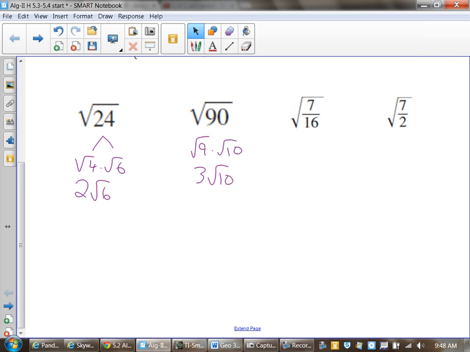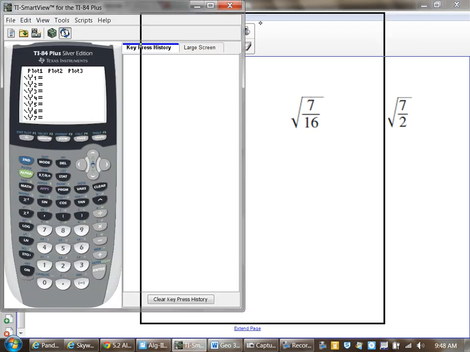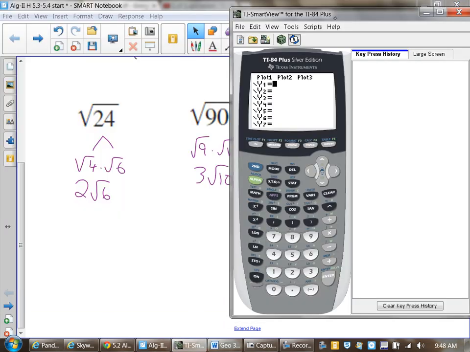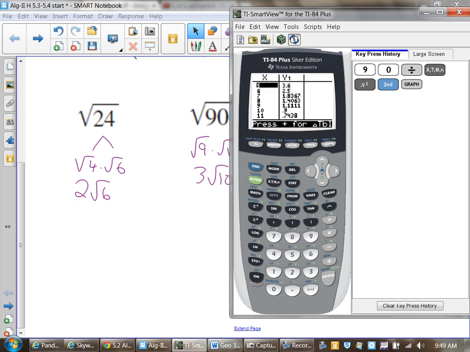Now, with these types of values, what I want you to do is take your calculator out real quick. Go to your y equals, and type in, we'll look at 90, 90 divided by x squared. Go to your table. Now, here's what you're looking for.